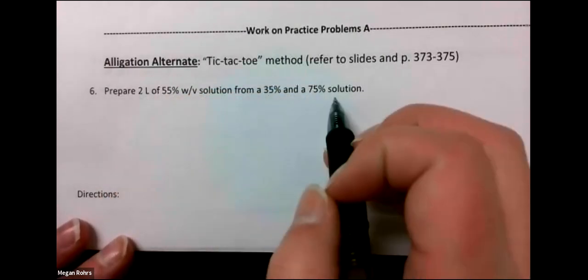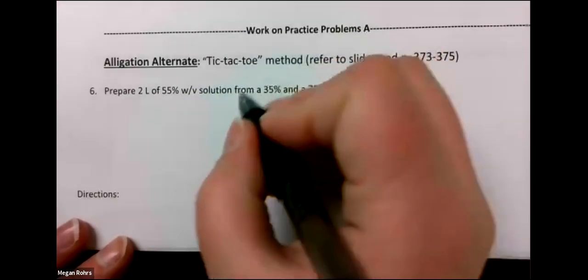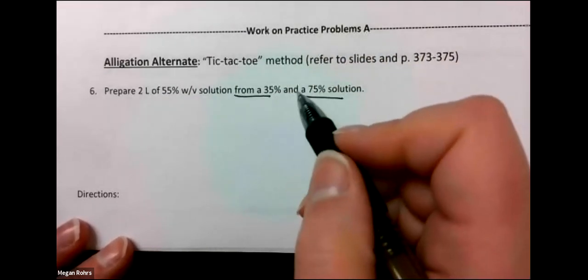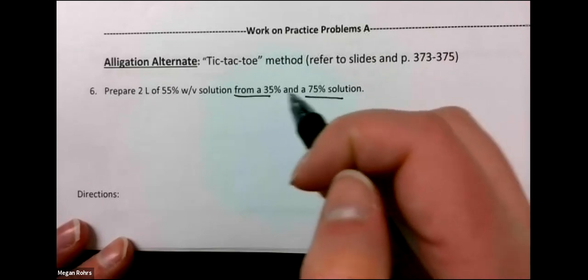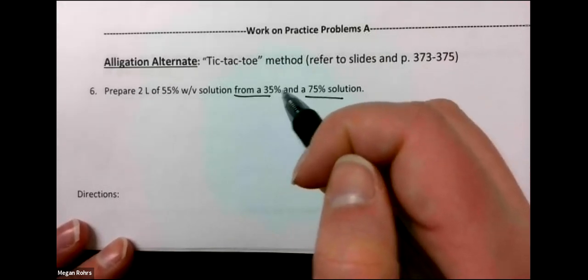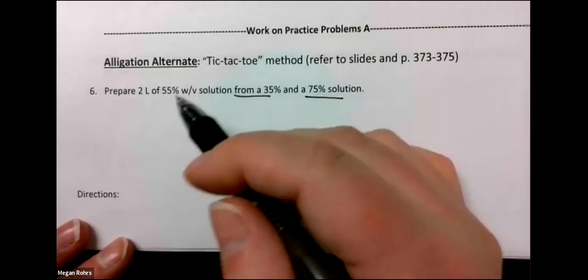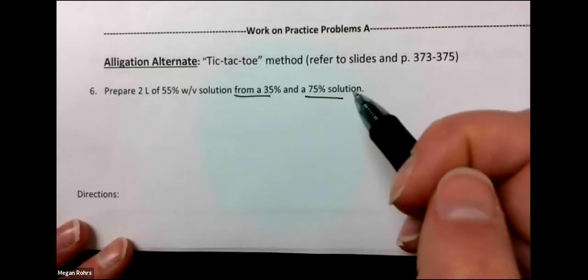These are the two different stock solutions that we're using. Anytime you have two solutions, we've got to make sure that our desired concentration falls somewhere in between these two numbers. Between 35 and 75, well, 55 would fall right in the middle. So this one will work out fine.